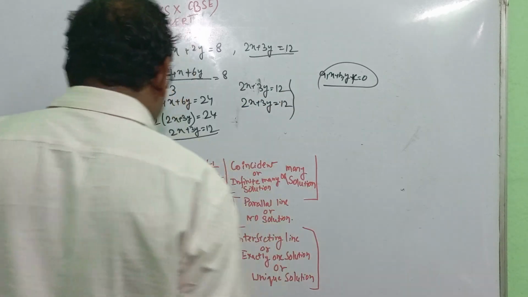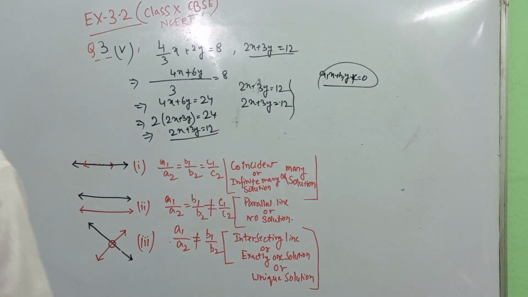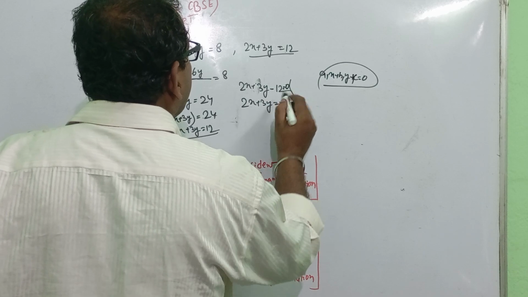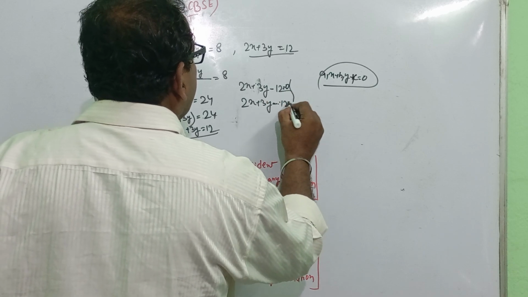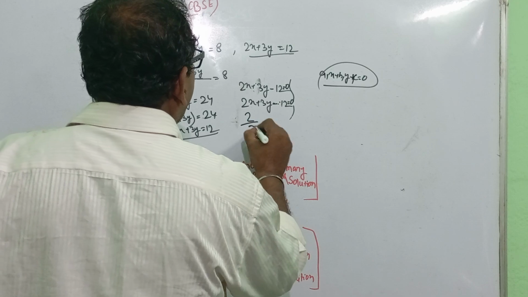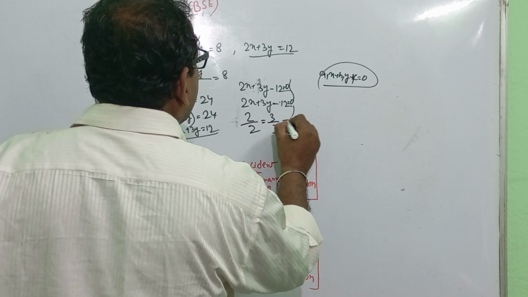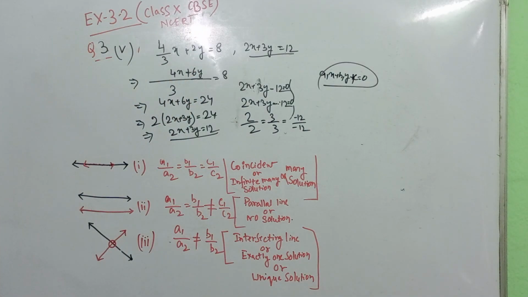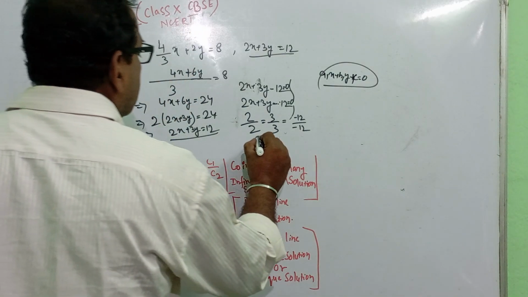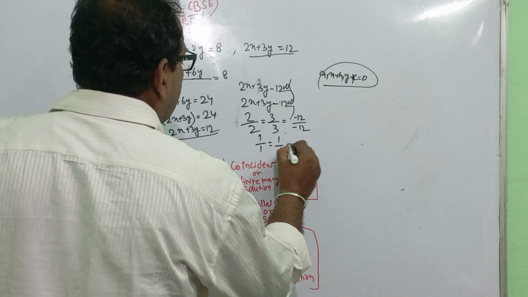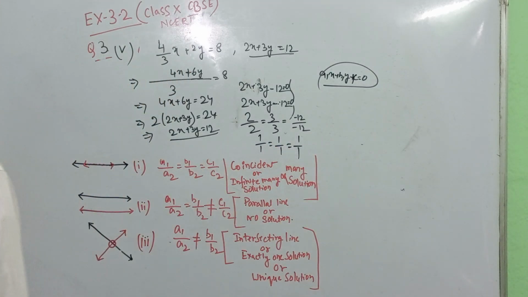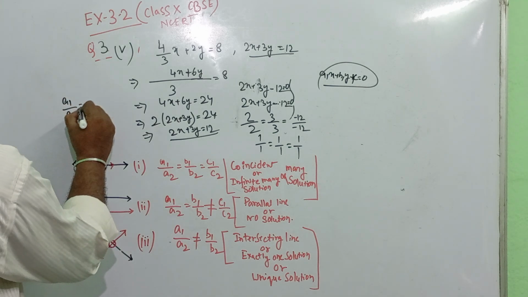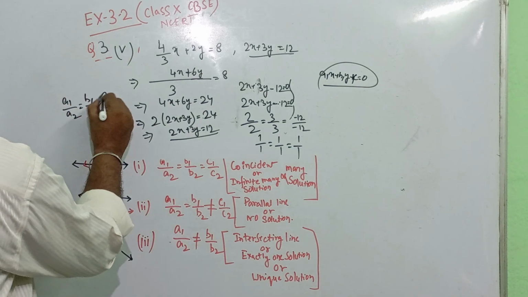So what has happened? Now both are equal. Now how do we write that? Minus 12 is equal to 0. Now 2 by 2 is equal to 3 by 3 is equal to minus 12 by minus 12. These are all 1 by 1, 1 by 1, 1 by 1. So that is a1 by a2 is equal to b1 by b2 is equal to c1 by c2.